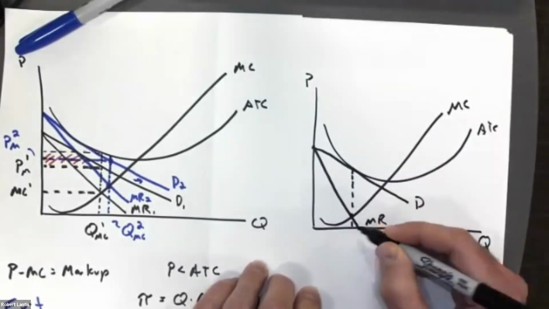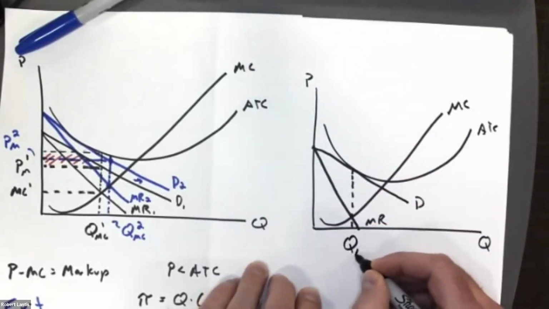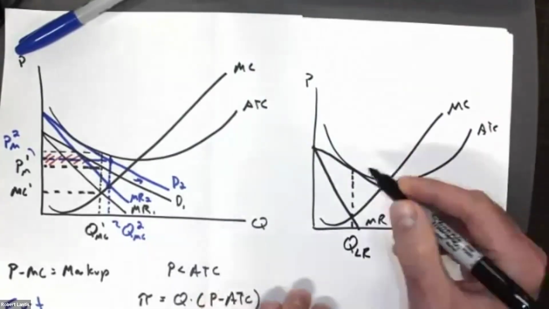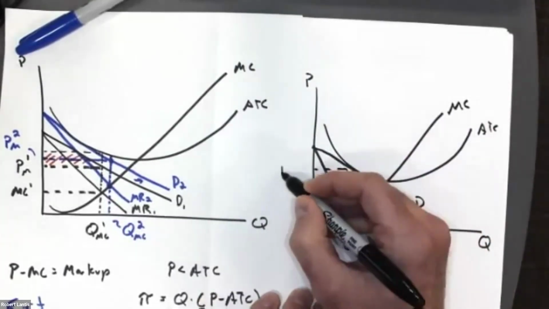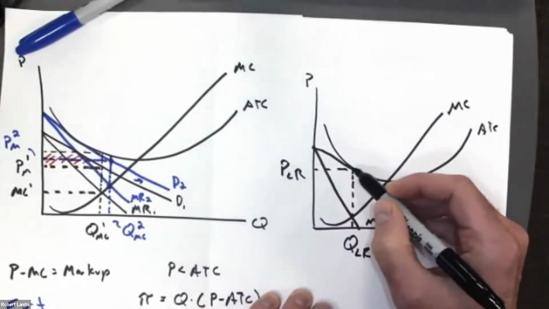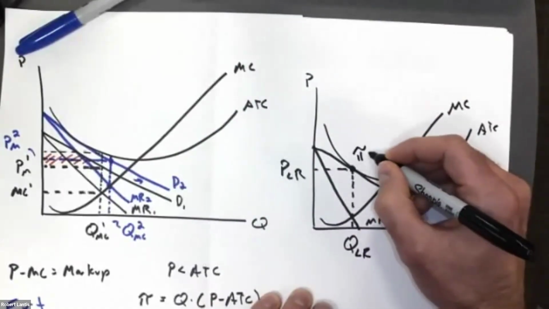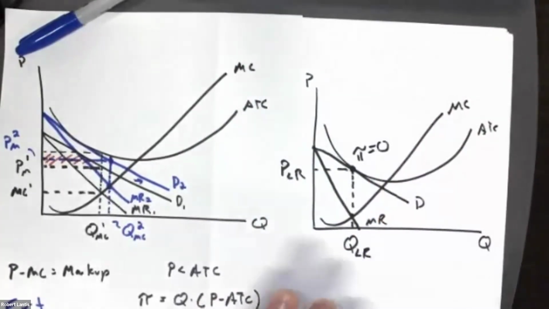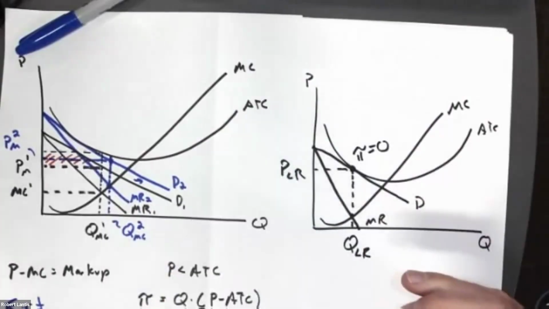In the long run, firms continue to exit this market until that long run quantity results in a price that's exactly equal to my average total cost. Profits are zero. There's now no longer an incentive for firms to enter or exit this market.